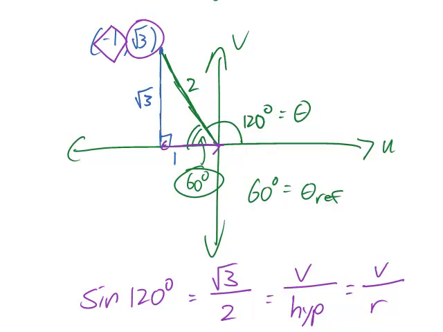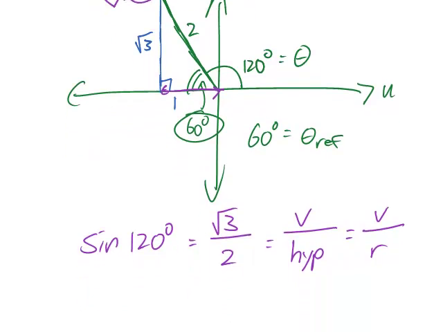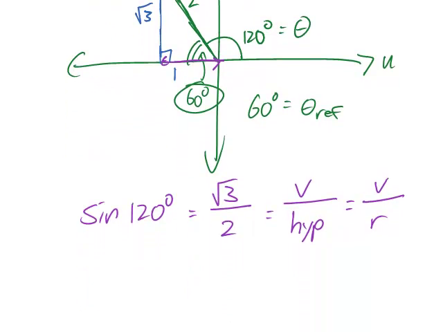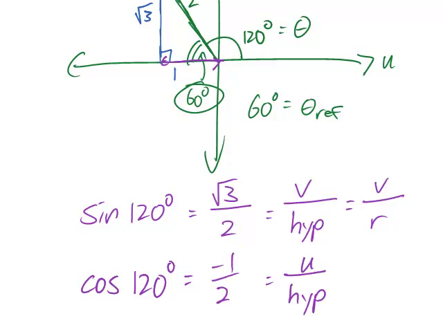It's really which direction and how far you go to get to that point horizontally. So we can still have negative numbers. It still makes sense. We're not doing negative lengths. And cosine of 120, we'll define that to be u over hypotenuse, the first coordinate, so negative 1 over 2, or u over r if we want to use the letter r as short for hypotenuse.